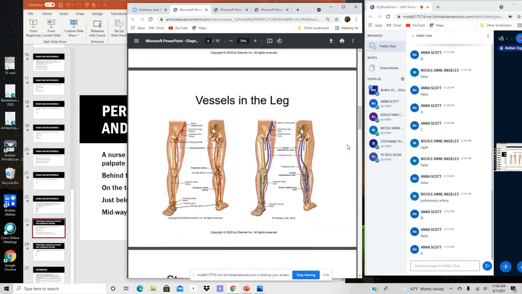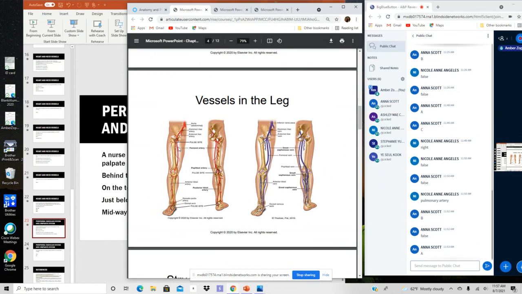The vessels in the leg come from the aorta. Here you can see the abdominal aorta. It's starting here. The abdominal aorta branches into the common iliac artery, which becomes the femoral artery, right? And this site is circled because this is the pulse site where you can assess the femoral artery.